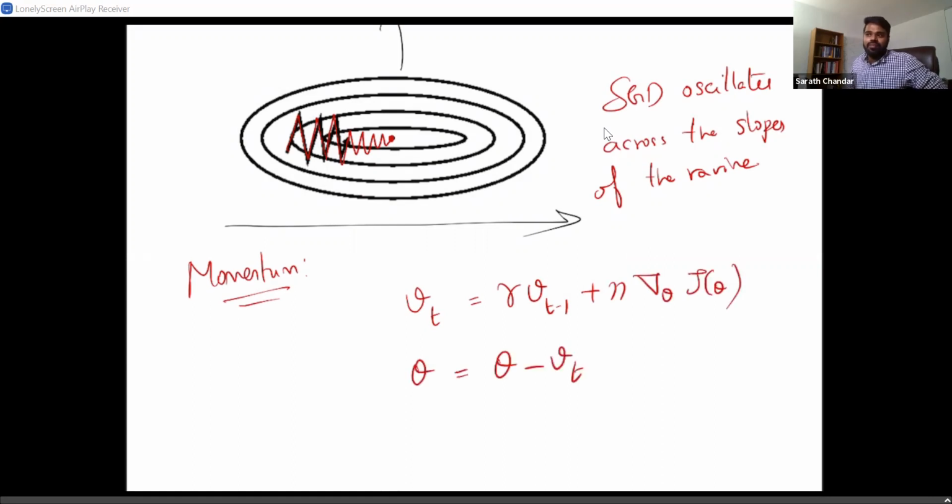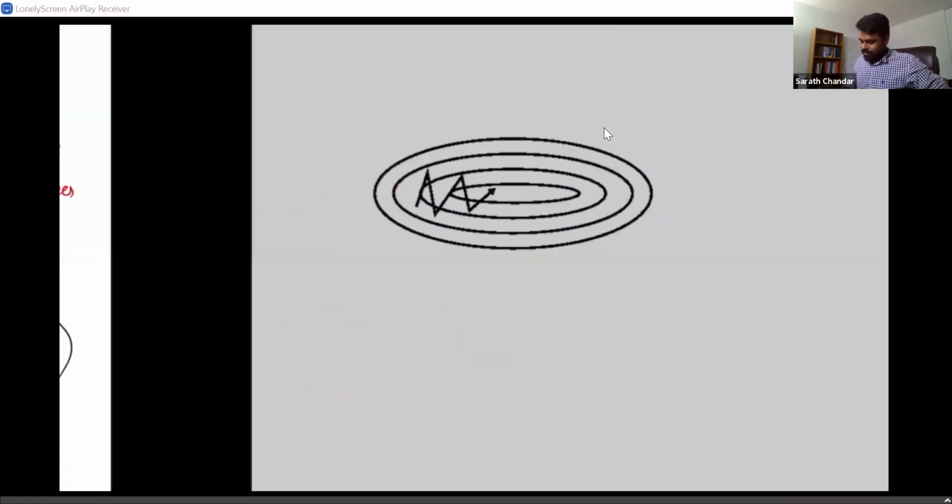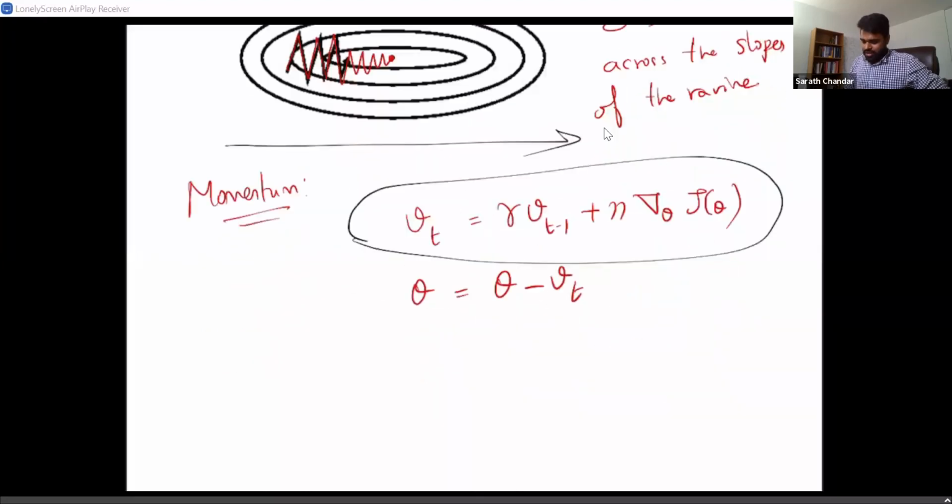What happens is we are integrating the previous gradients here. This gamma is the momentum coefficient. You could also call that the friction coefficient, and this is usually something like 0.9.